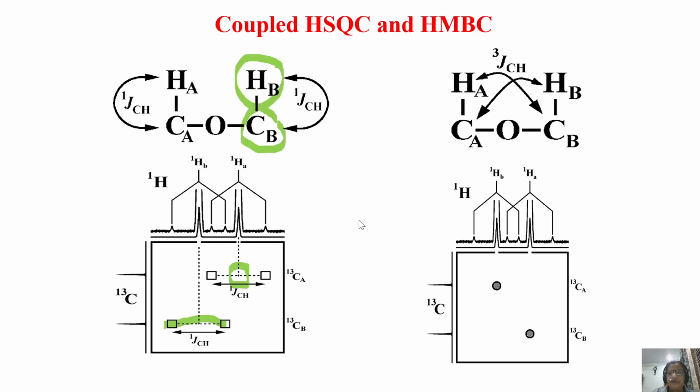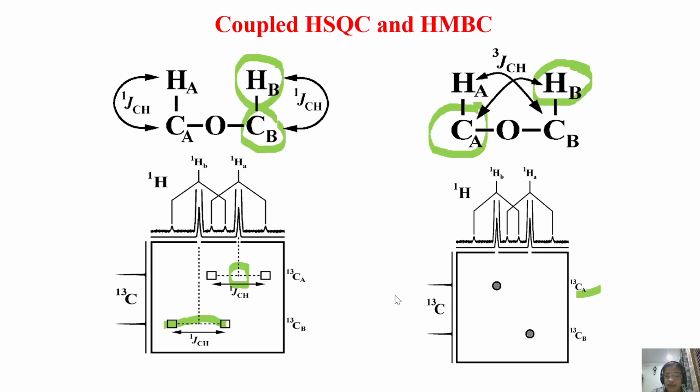On the other hand, when we saw the HMBC spectrum, we observed that carbon A has a long range correlation with proton B, HB. This carbon A has a long range correlation with proton HB.